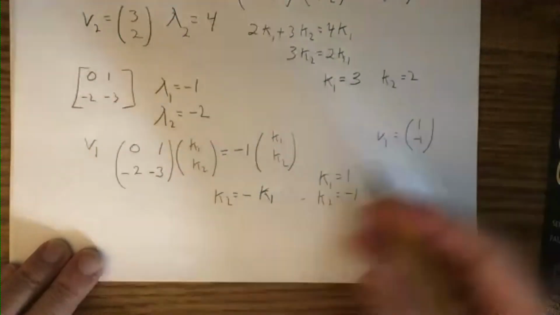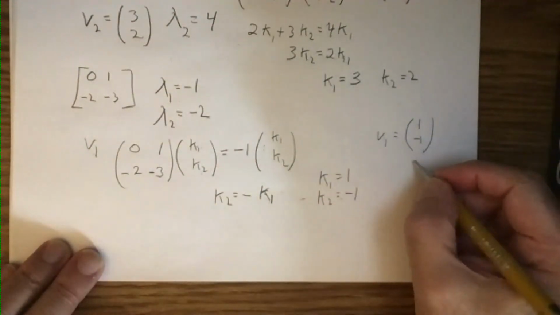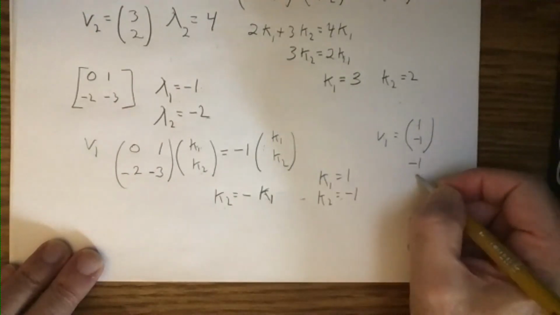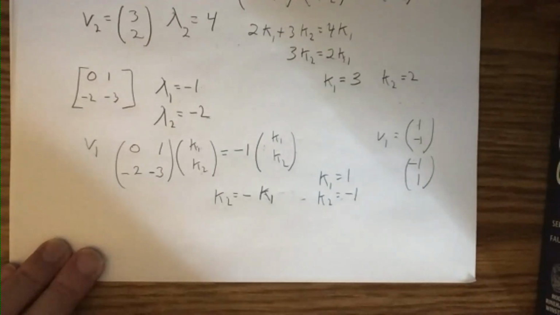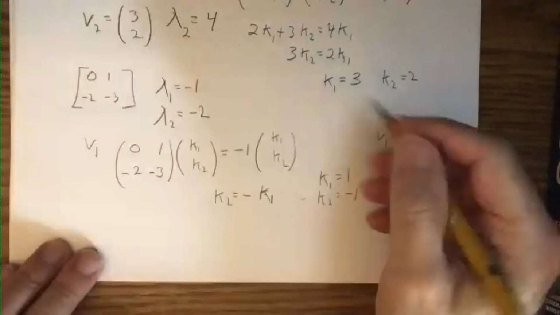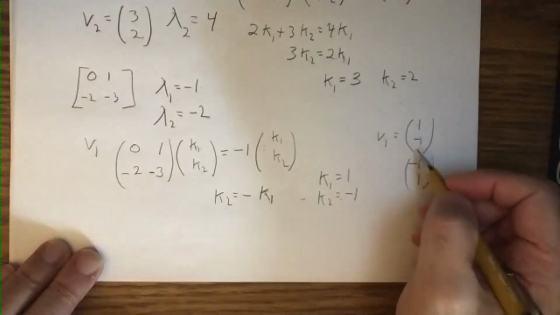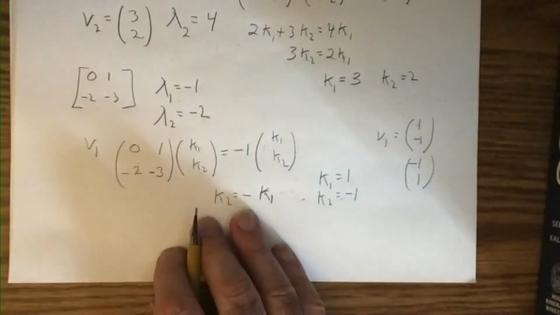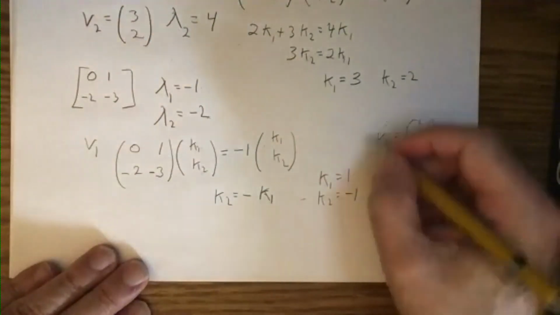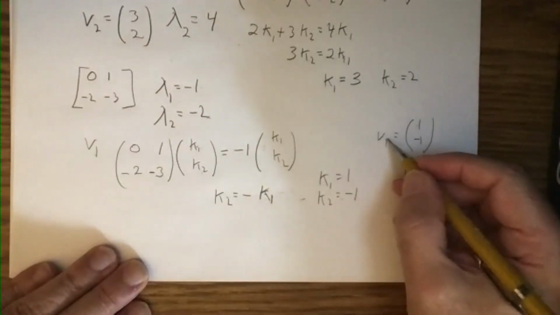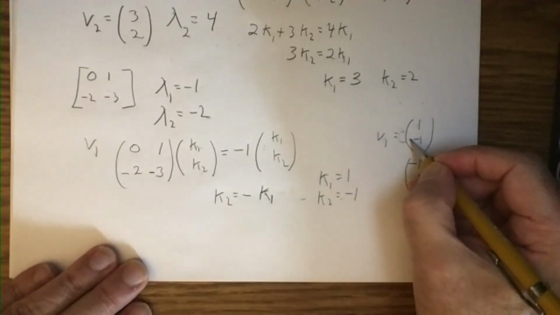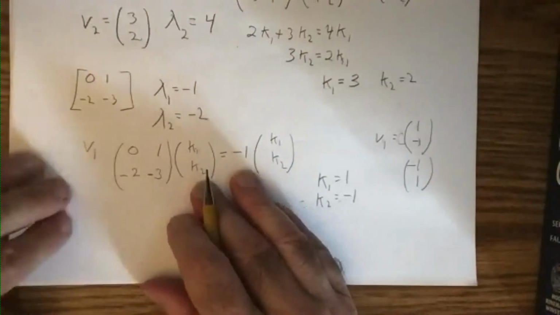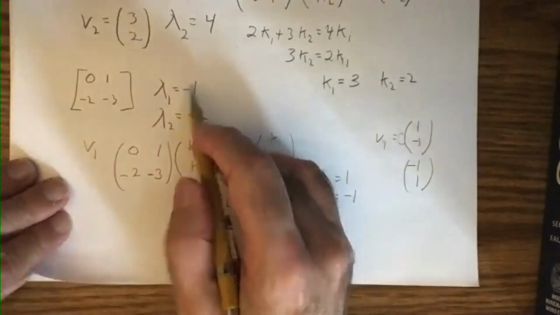It would also be correct to have this be -1 and this be 1, because I can multiply this by -1. And we're going to see that when we write this V1, we can actually write V1 times any constant. Okay. All right. So that's the V1 that's associated with lambda 1.